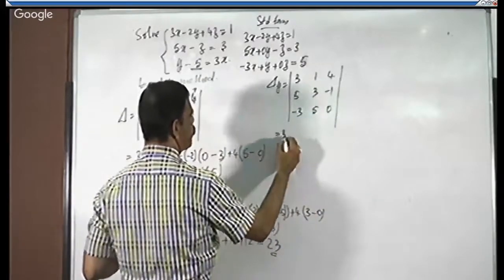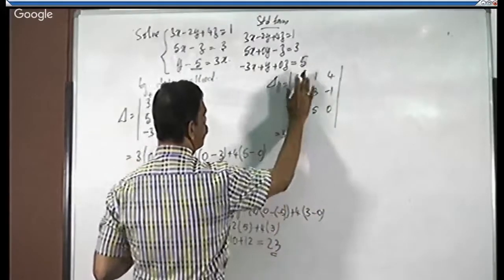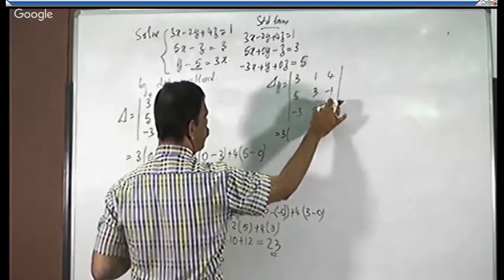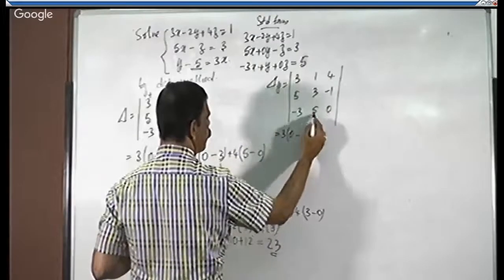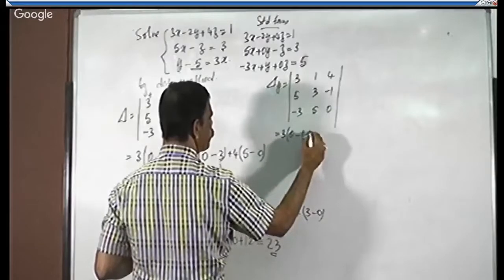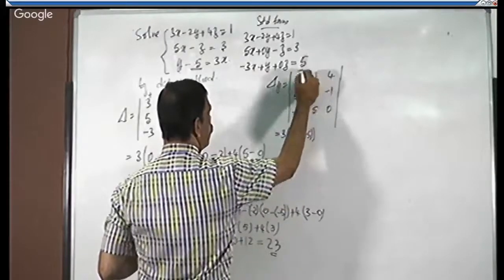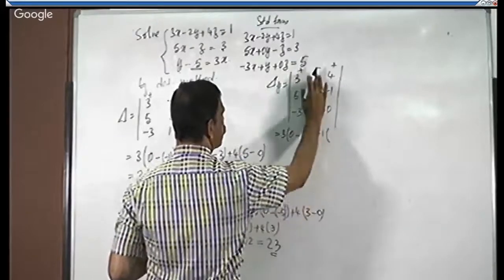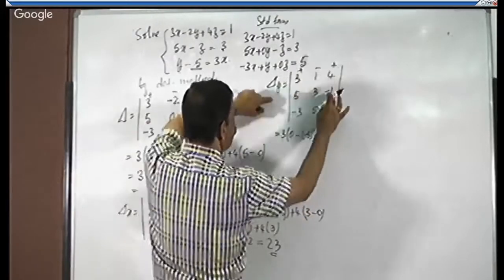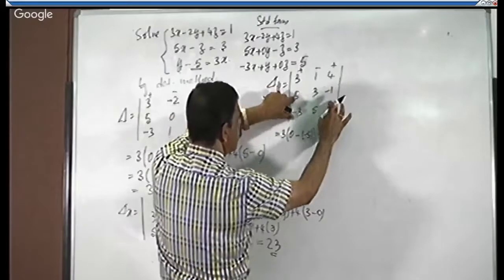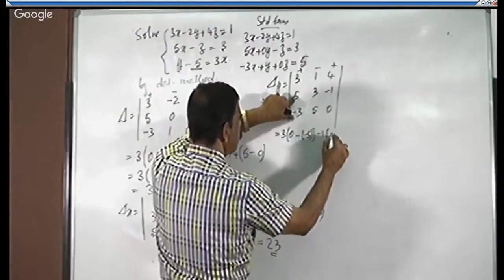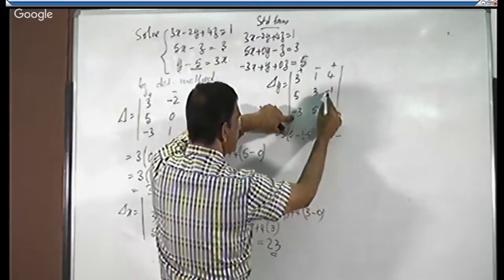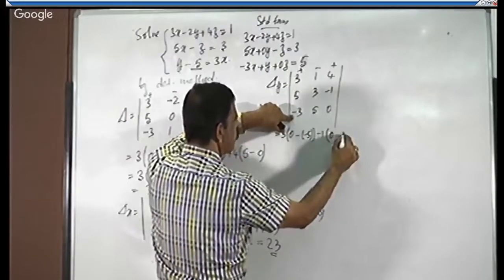Expand it. 3 into, leave the corresponding column and row. 0, minus of 5 into minus 1 is minus 5. Minus of 1 into, leave the corresponding column and row. 5 minus 1, minus 3, 0. 0, minus of, minus into minus, plus 1 into 3 is 3.